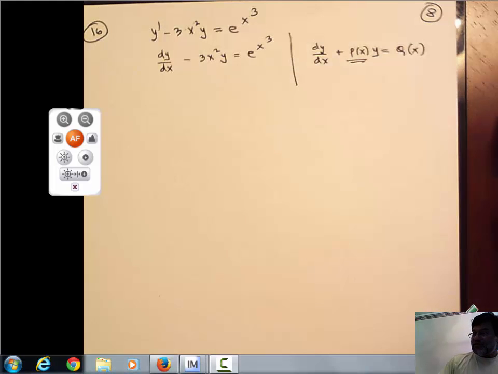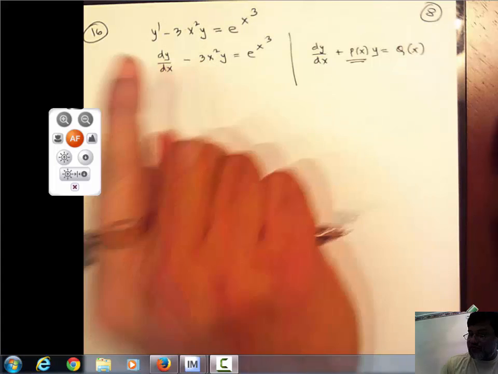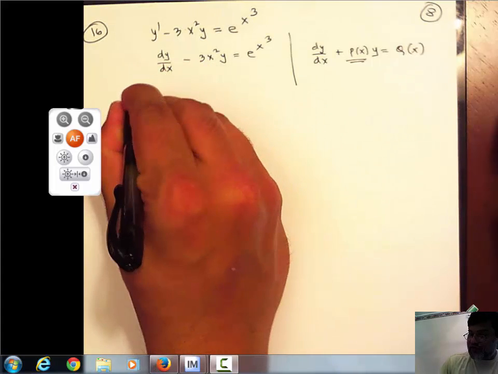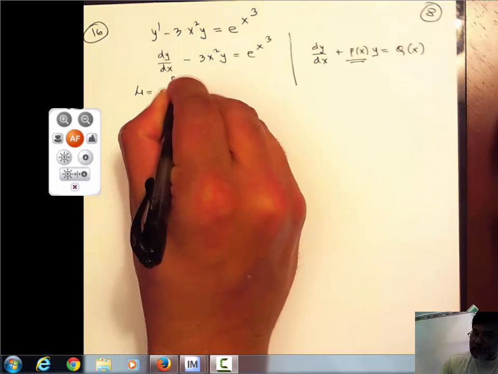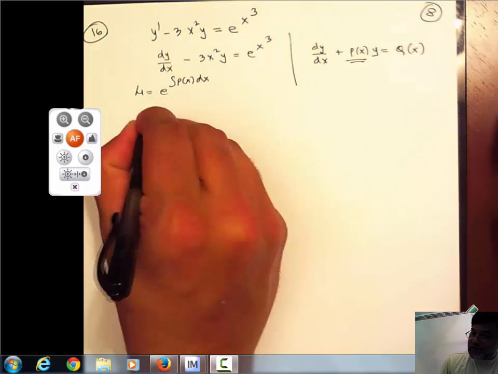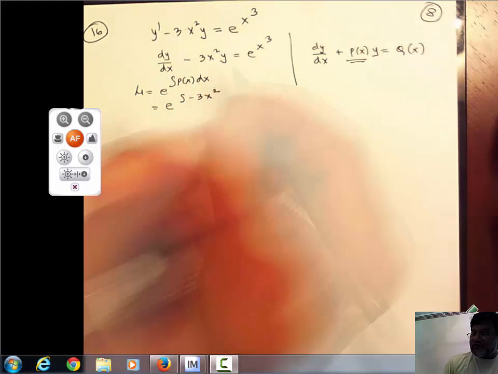Okay? Remember, this is a positive, so you're going to have to take that negative into account. So your integrating factor mu will be e to the integration of p(x) dx. So in this case, it's going to be negative 3x squared dx.